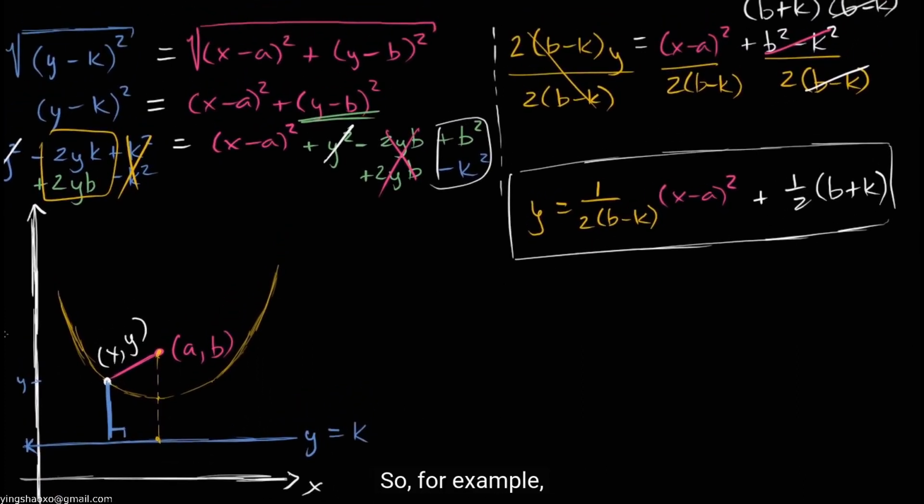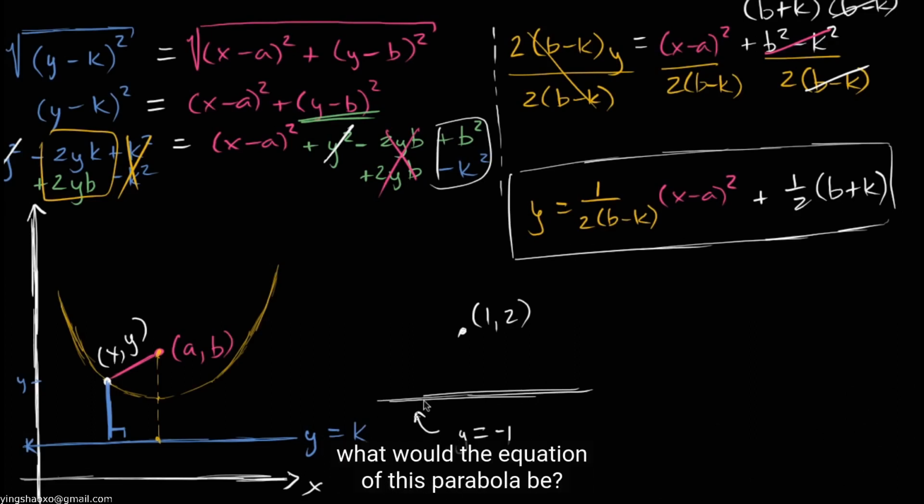So for example, if I had a focus at the point, let's say, 1 comma 2, and I had a directrix at, let's make it y equals -1, what would the equation of this parabola be?